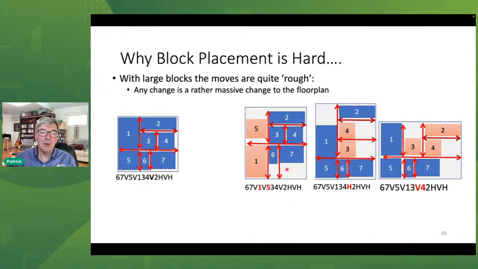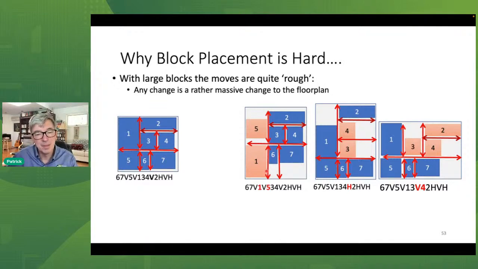All these 3 alternatives, even though they're derived from one position, are wildly different in their wire lengths and their properties. So it's very hard to find the gradient, and algorithms like gradients, and you get easier gradients with many small blocks that have the same size than in this case where you have large and small blocks that are mixed.